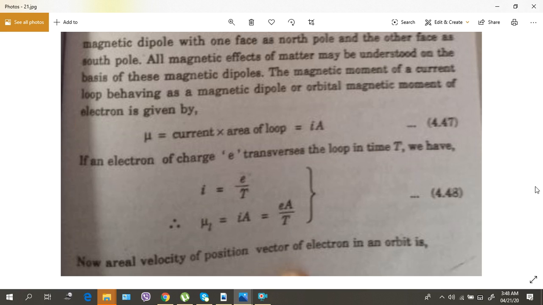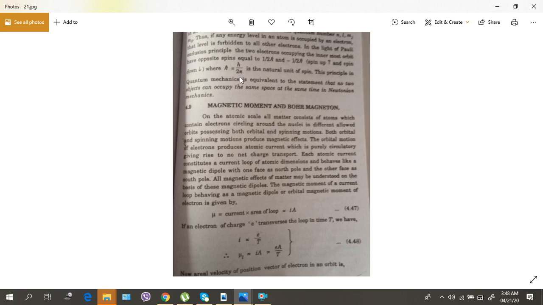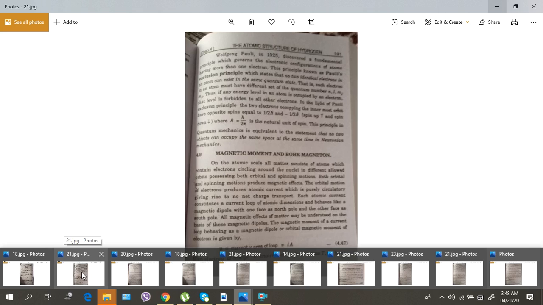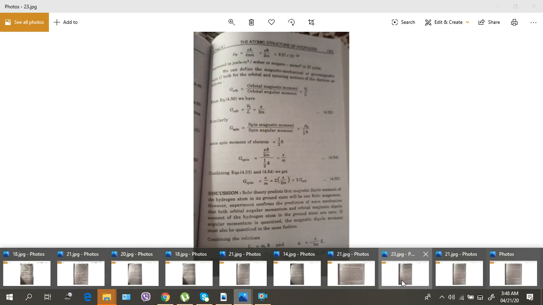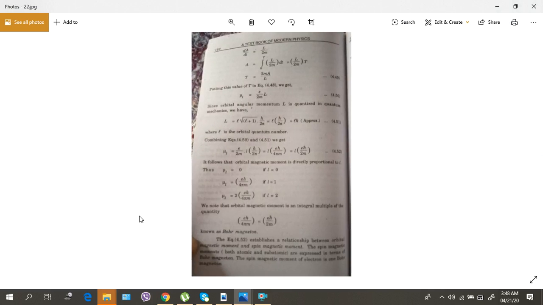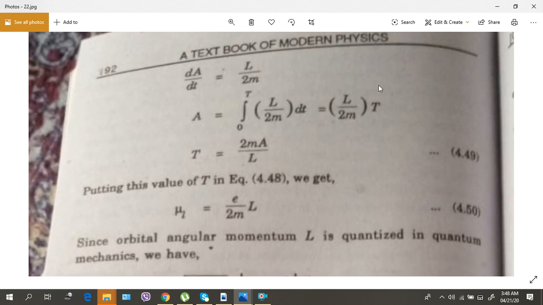So in this case we have dA by dt, that is the law of area, that is dA by dt is equal to L over 2m.